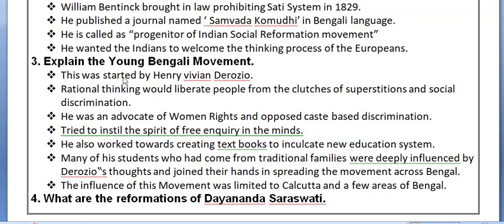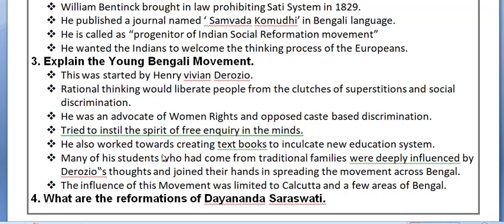Next question. Explain the Young Bengal movement. This was started by Henry Vivian Derozio. Rational thinking would liberate people from the clutches of superstitions and social discrimination. He was an advocate of women's rights and opposed caste-based discrimination. He tried to instill the spirit of free inquiry in minds.